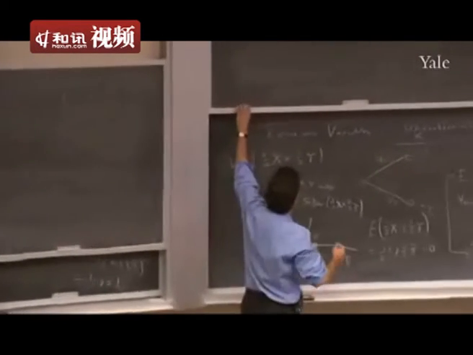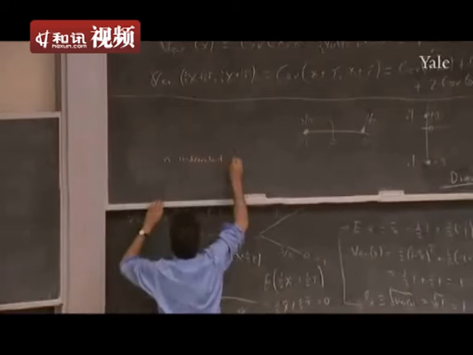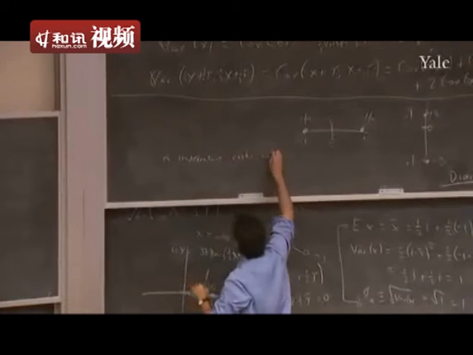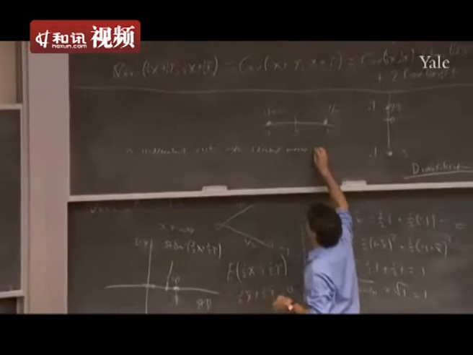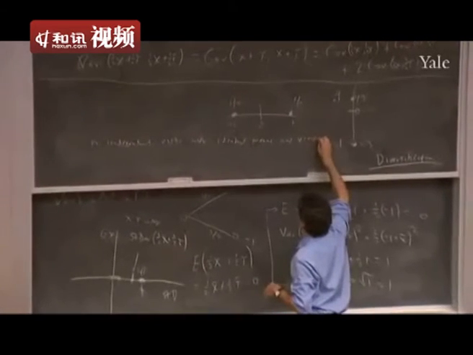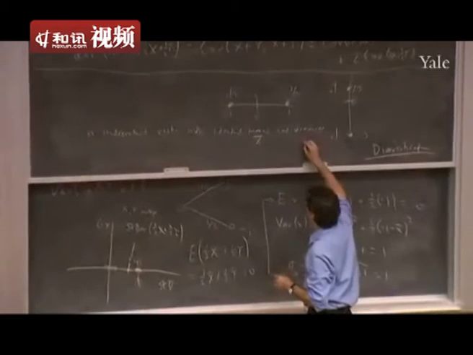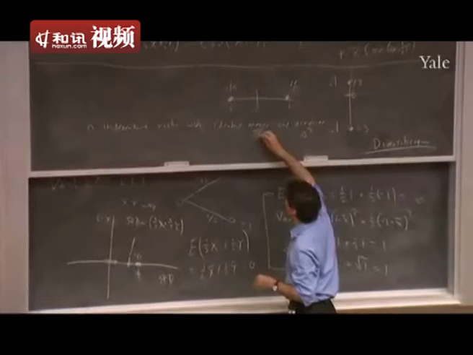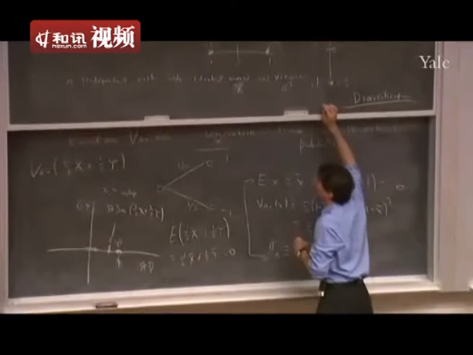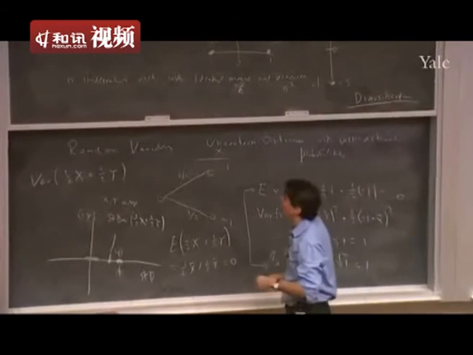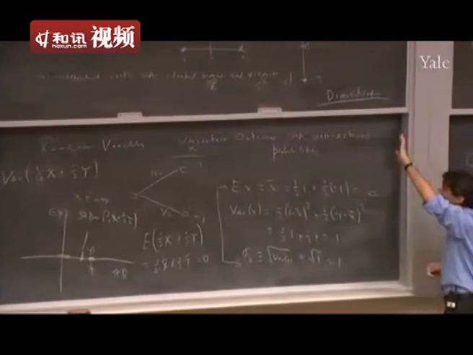Before I say this, if you had n independent risks with identical means and variances, let's call the means x bar, and variances sigma squared. Let's say they all have expectation E and variance sigma squared. They're all identical, like X and Y have the same expectation 0 and the same standard deviation 1.